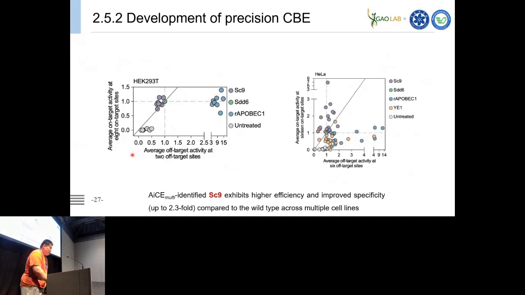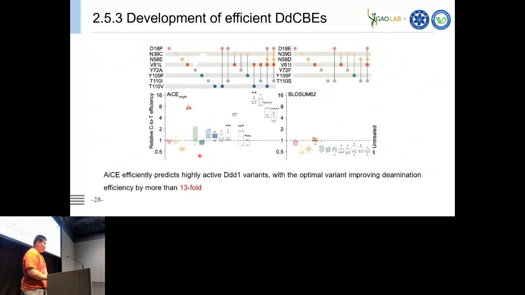We then applied a similar strategy to SDD6, and we identified an optimized variant called IC9, which showed stronger on-target activity and reduced off-target effects compared to wild type. This makes it a more efficient and specific editor for future CBE development. Of course, we didn't forget our original challenge, improving DDD1's performance.